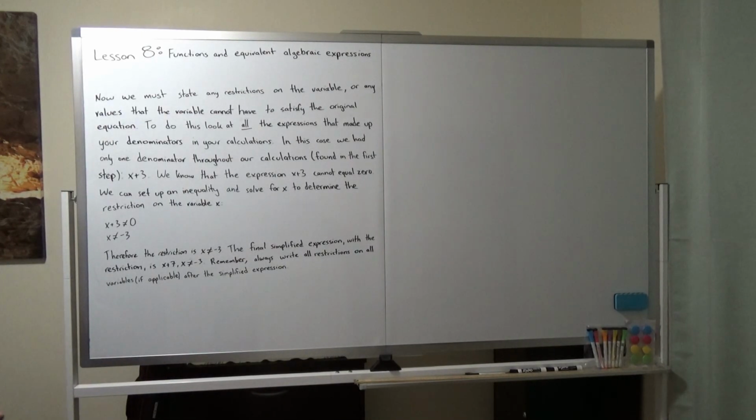Now we must state any restrictions on the variable, or any values that the variable cannot take in order to satisfy the original equation. To do this, look at all the expressions that make up your denominators in your calculations.